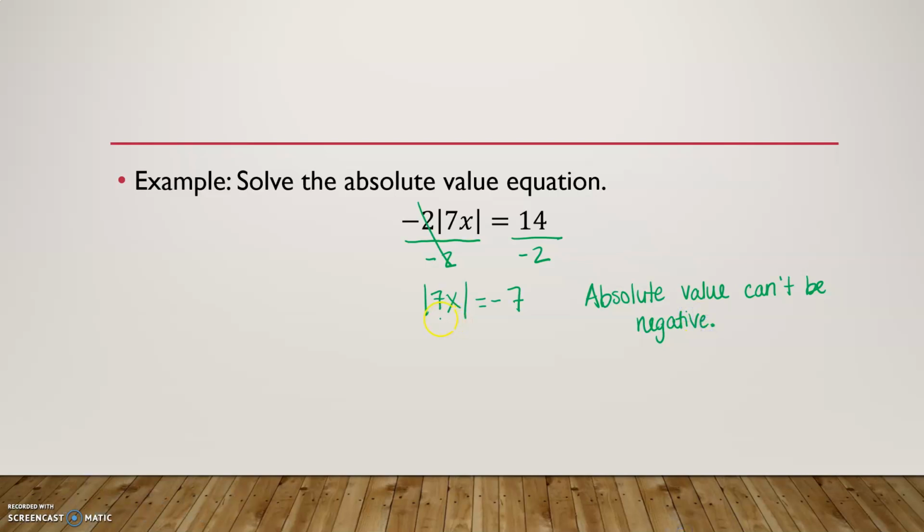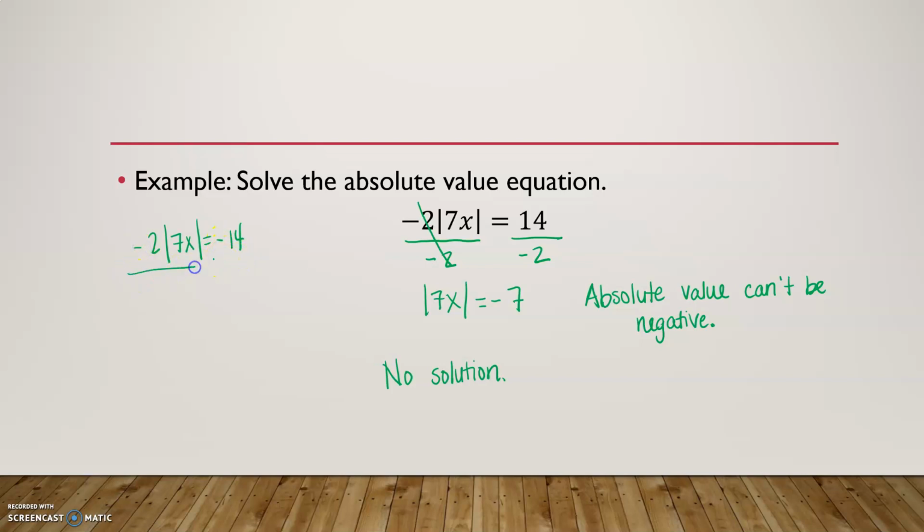So that means that the minute my absolute value bars are isolated, and this is a negative, I can write no solution. Now be very careful. If you have something that looks like this, don't just see that negative over here and say, no solution.